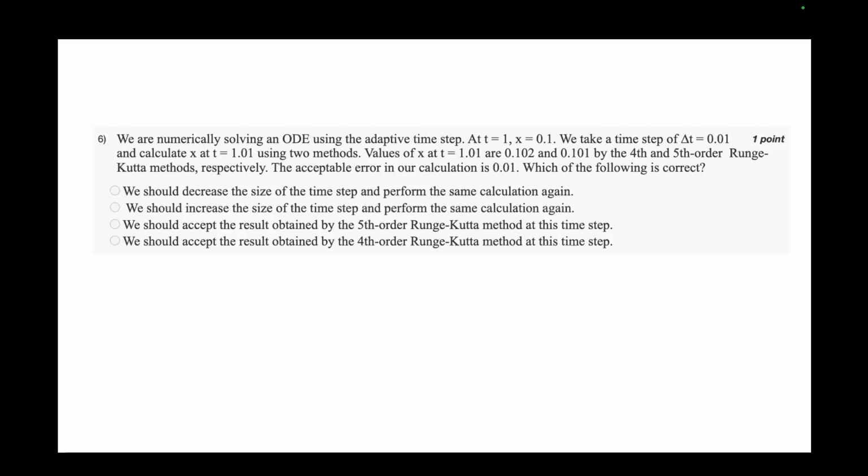I think option A or C. Okay, I'll tell you the logic. If you see the values of x at t equal to 1.01, the values are 0.102 and 0.101.